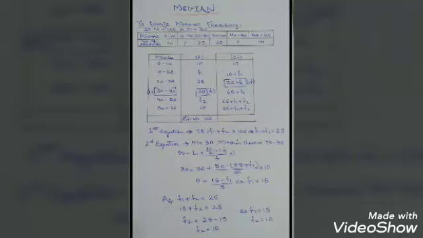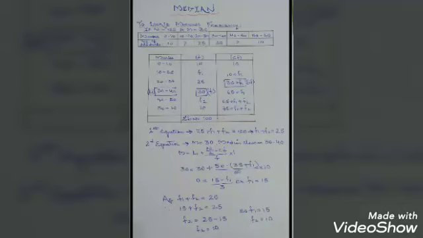Now children, I have formed an equation for you. The first equation goes like this: 75 plus F1 plus F2 equals 100. Why? Because I have already told you before that the total of your frequency is the last value of your cumulative frequency.